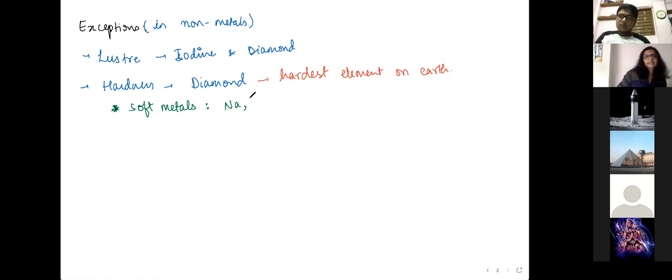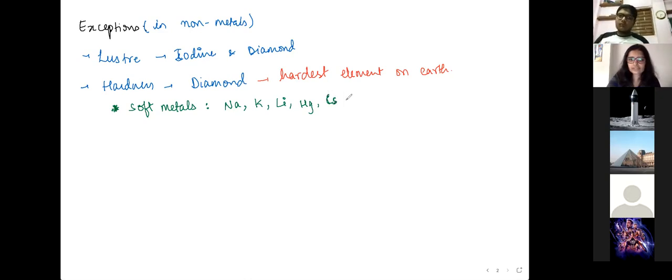All the metals that are close to sodium in the periodic table, or similar to sodium, are soft metals. Even potassium is soft. Sodium and potassium can be cut with a knife.